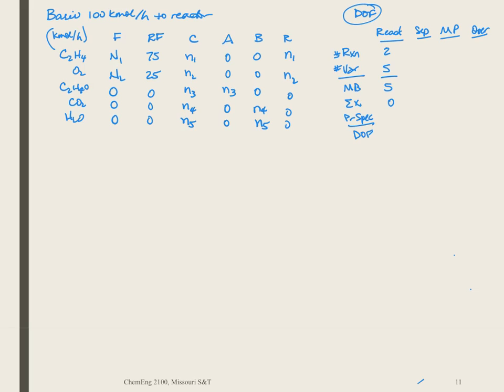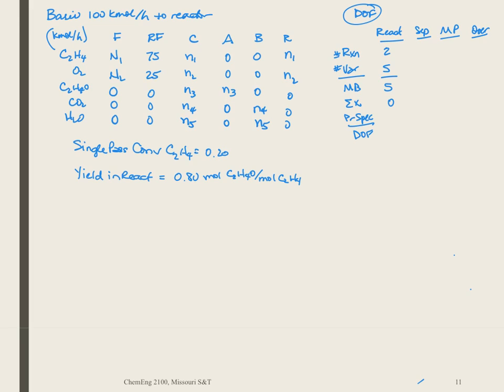If you'll recall, I had single pass conversion of C2H4 is 0.20, and I had yield in the reactor equals 0.80 moles of C2H4O per mole of C2H4.